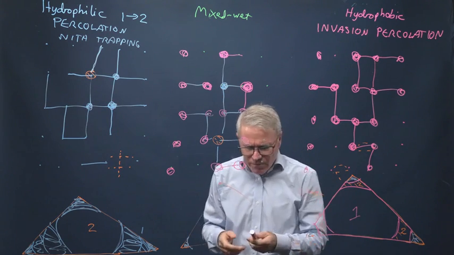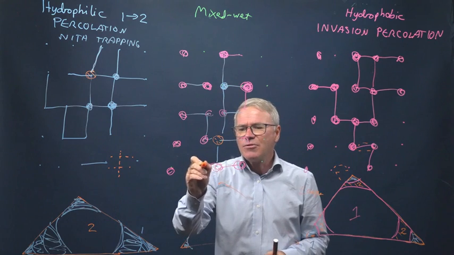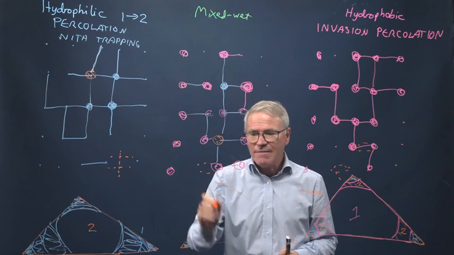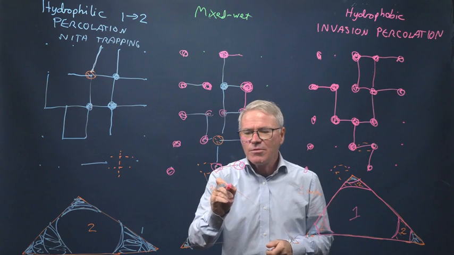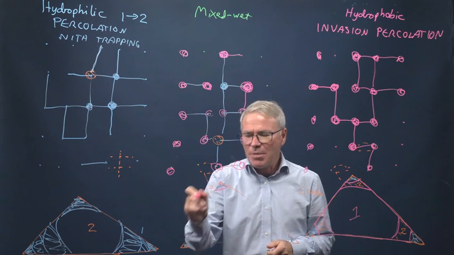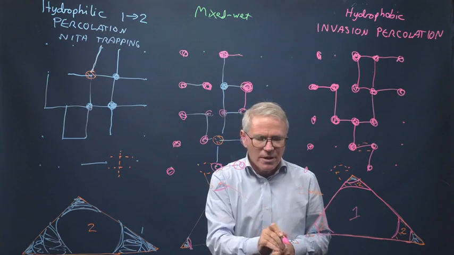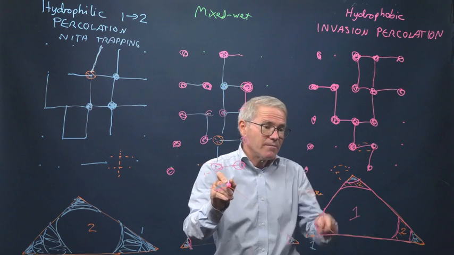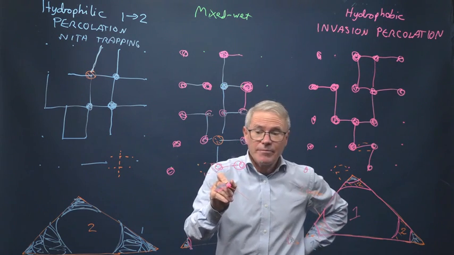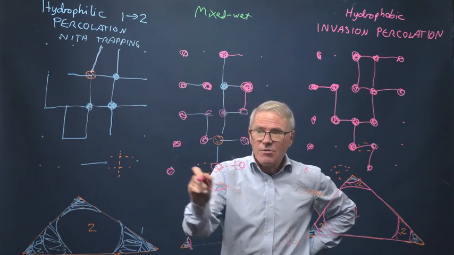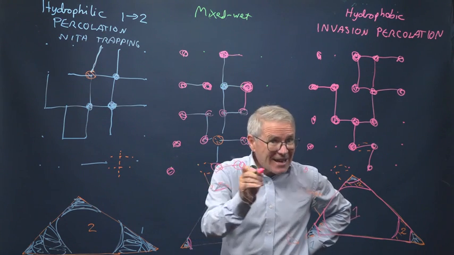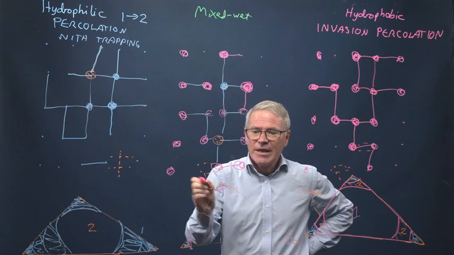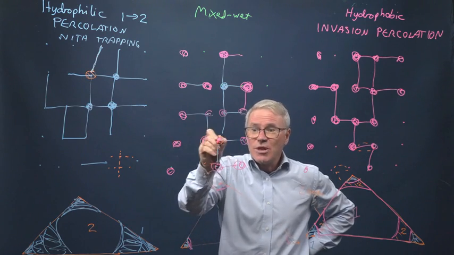And what's more is if this is, say, a hydrophobic throat here, what do I have in cross-section? Well, in cross-section now, phase one bulges out into phase two, but this interface is pinned, just as I showed here. It's not moving. So the only way phase one can move connected across the pore space is through those regions that are filled.